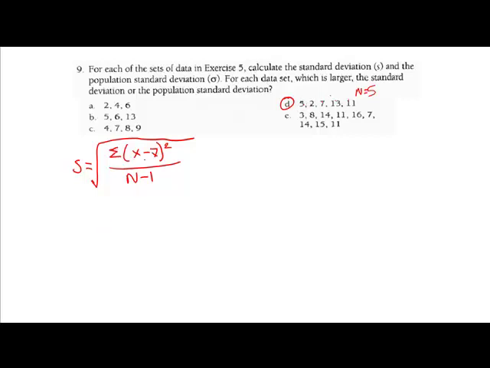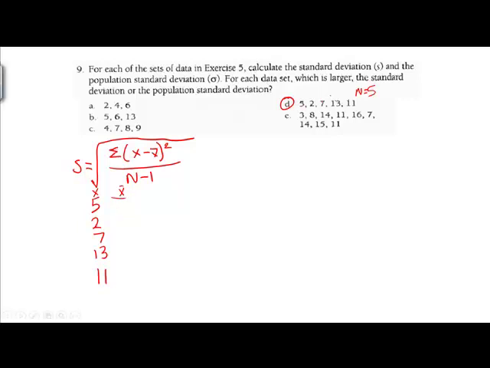I still need to do my X minus X bar. 5, 2, 7, 13, and 11. That's my X. My X bar is, well, I need to find the average.